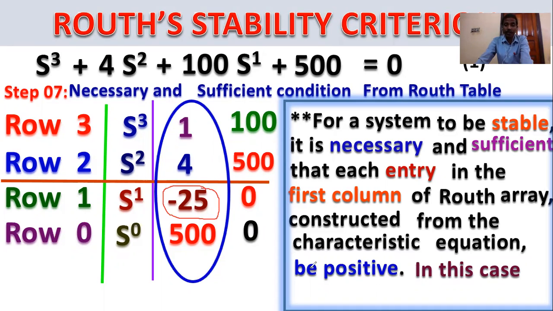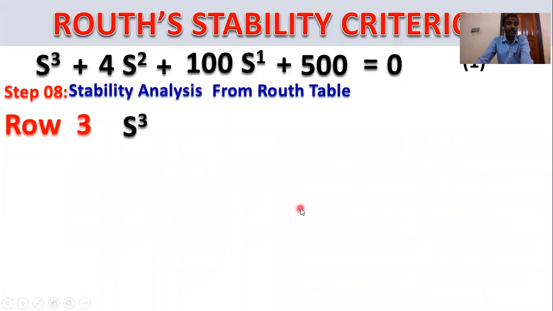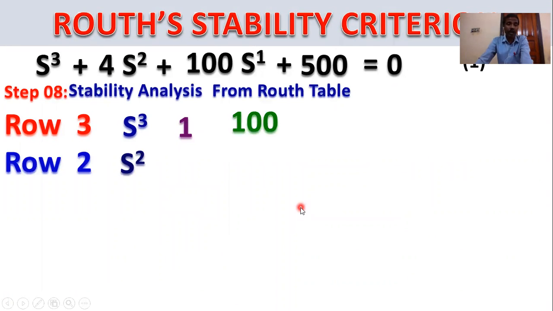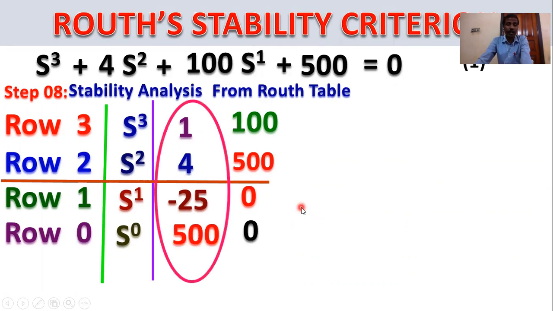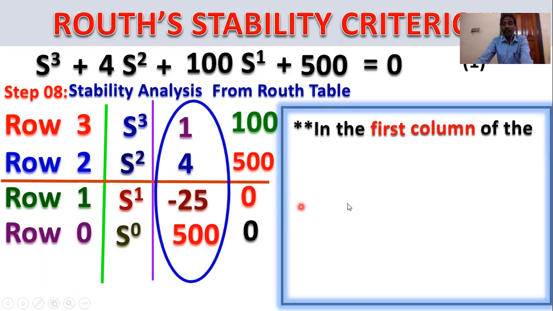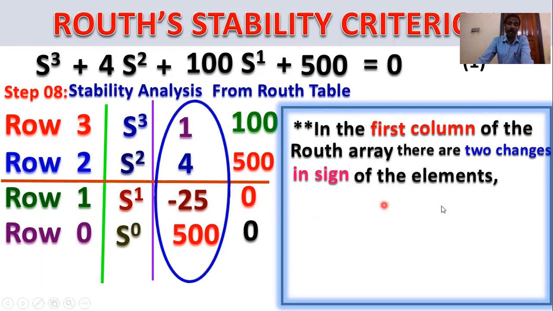What is the final conclusion? This is step 8, stability analysis from the Routh table. In the first column of the Routh array, there are 2 changes in sign of the elements. This is a very important sentence.